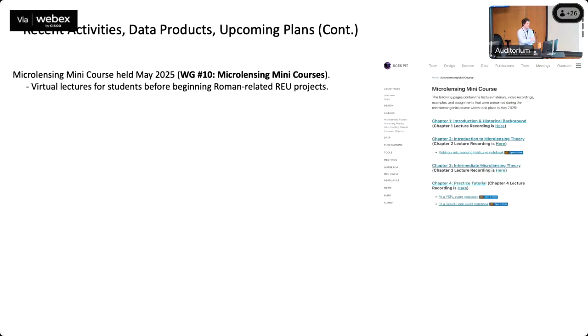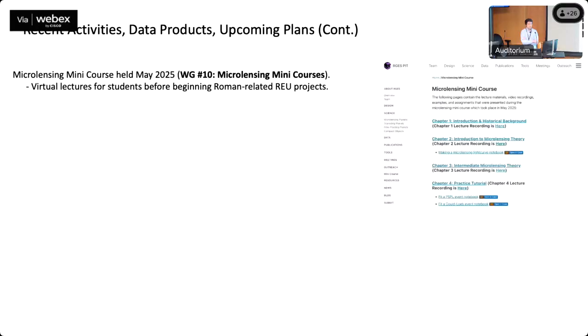A few more. A few months ago, the PIT held a microlensing mini course, which was very fun for students who are incoming to do Roman-related research experience for undergrad projects that they're currently working on this summer. A week right before they all started their various projects, we held this mini course online. So virtual lectures, a week long, with 5 chapters, a chapter each day.